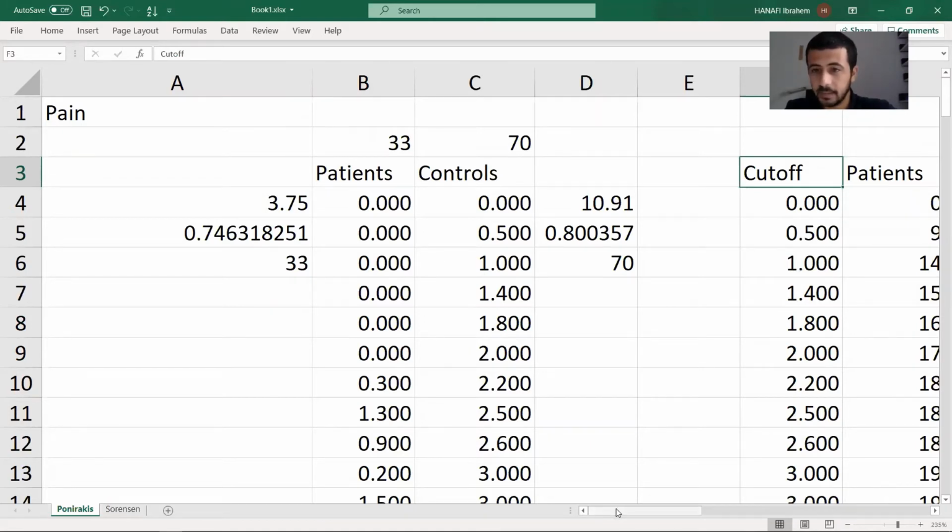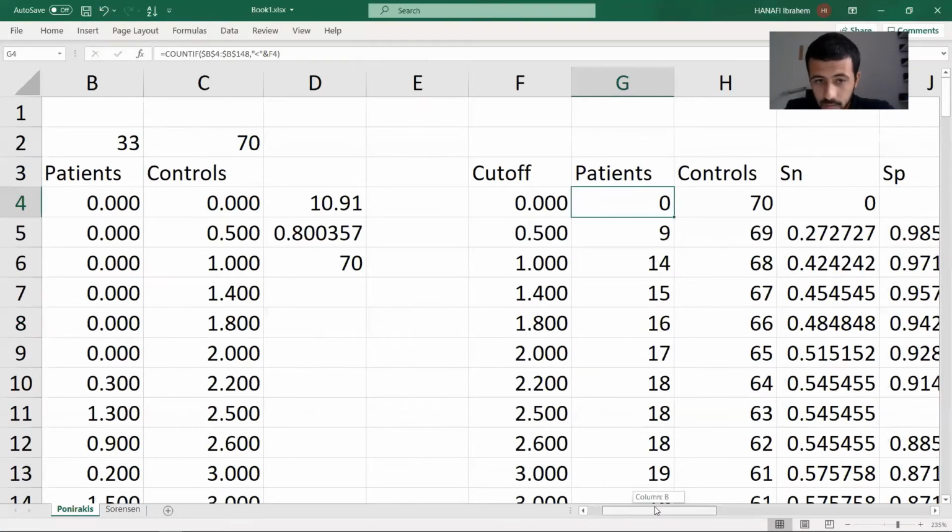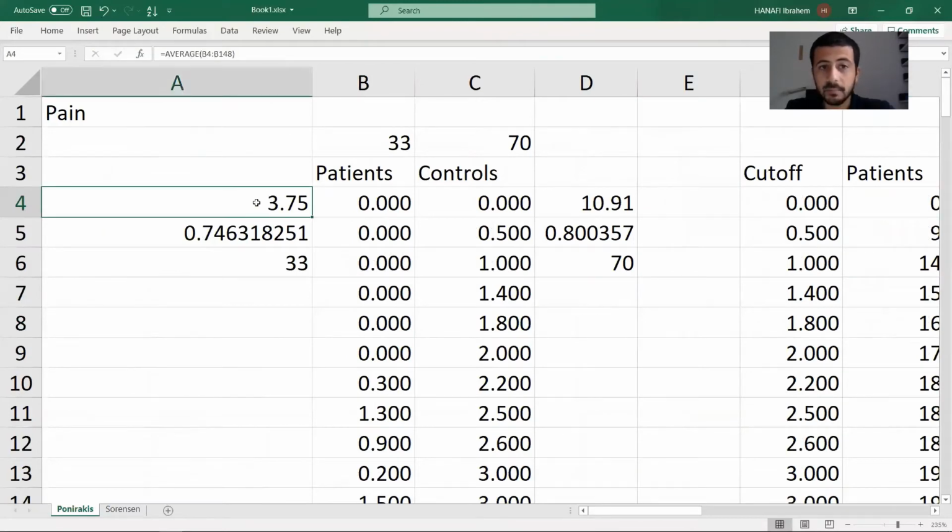Then for each cutoff, what I did was count the patients who are under this cutoff, because as you see here, the average for the patients is lower than the average of the controls. I know that patients have less fiber density in the epidermis than the controls.